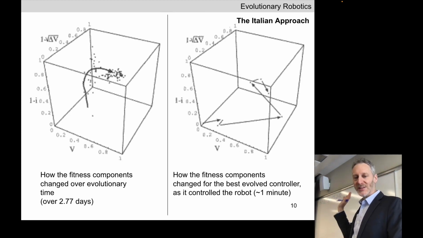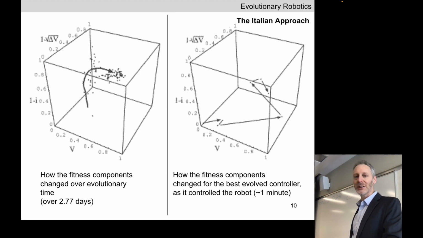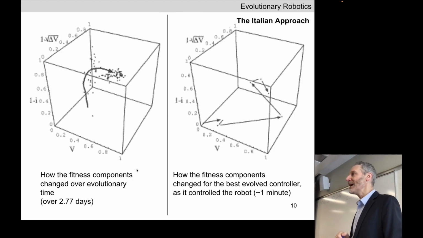Okay. All right, we'll see an example of that in a moment. I'm going to skip over this slide. You can have a look at it, for those that are interested in the visual display of information. This was an attempt for them to show this information again in 3 dimensions. They're trying to plot on the 3 axes here these 3 fitness components, and then they've tried to visualize evolution as a walk through this 3-dimensional space.